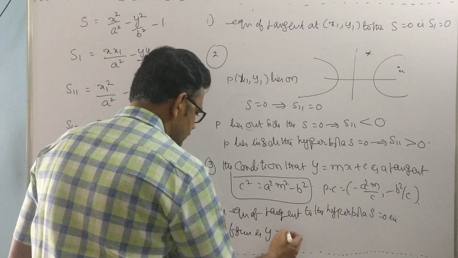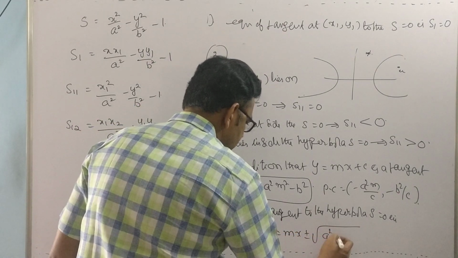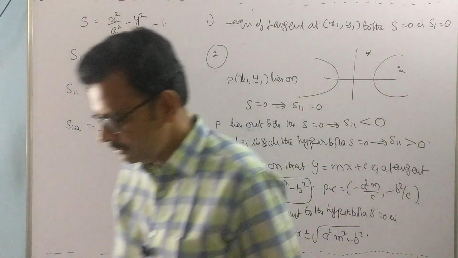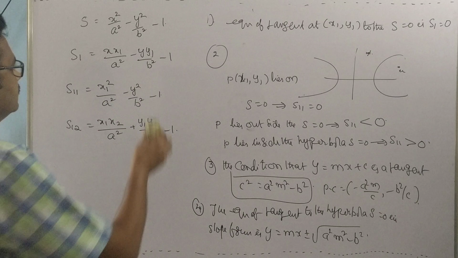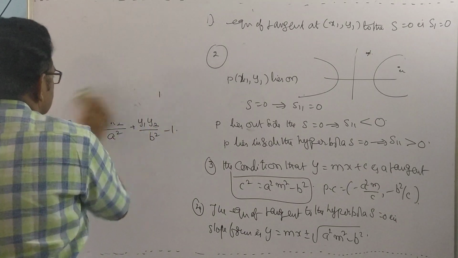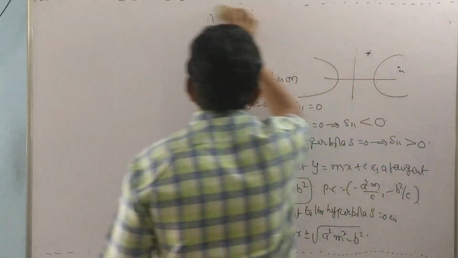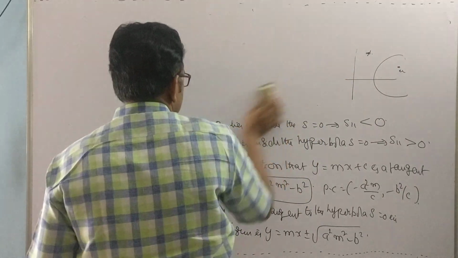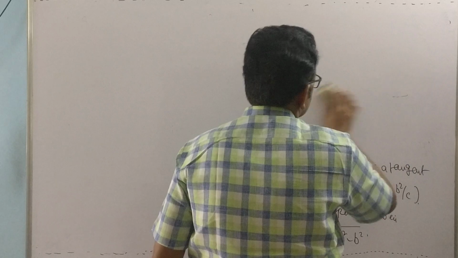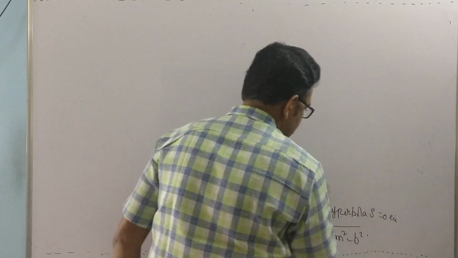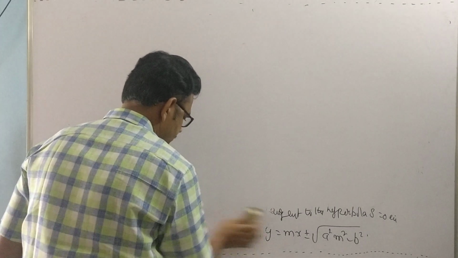Slope form is y is equal to mx plus or minus root of a square m square minus b square.